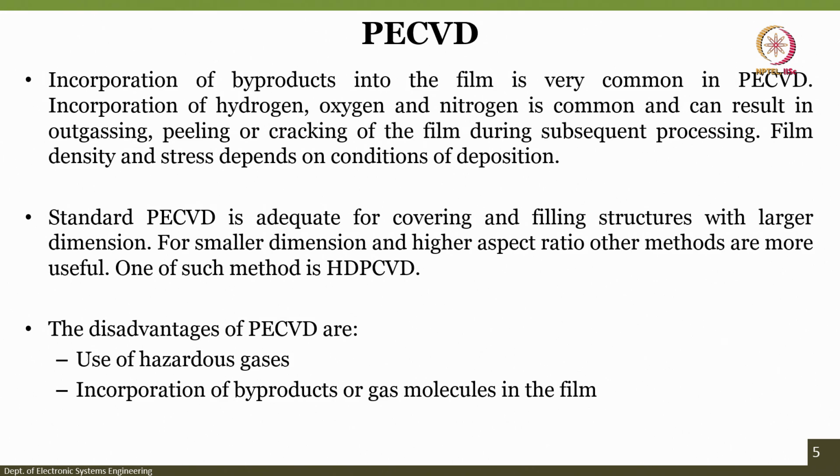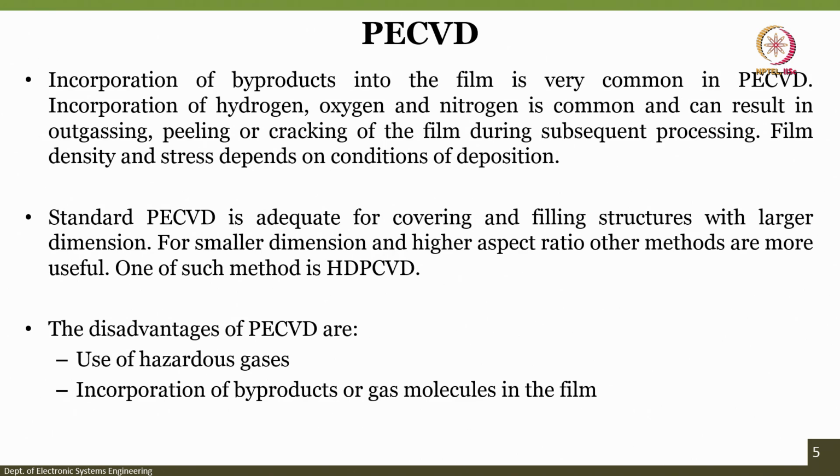So, incorporation of the byproducts into the film is very common in PECVD. Incorporation of hydrogen, oxygen and nitrogen is common and can result in outgassing, peeling or cracking of the film during subsequent processing. Film density and stress depend on the conditions of the deposition. So, this is a little bit of a limitation of PECVD. However, standard PECVD is adequate for covering and filling structures with large dimensions, and this is beautiful, right.